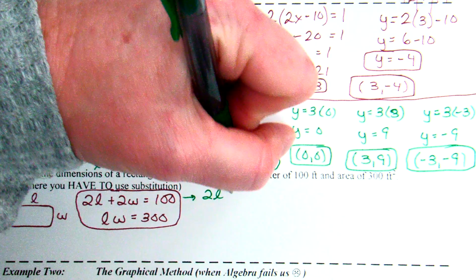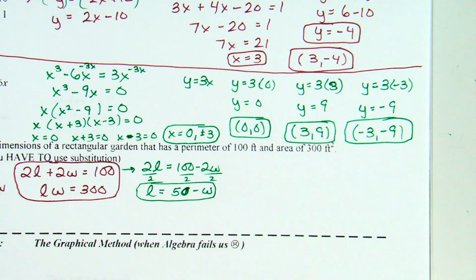What do I do with this? L equals 50 minus W? Yeah, we're going to plug it into the other equation. So if I'm using equation L times W equals 300. So L is now 50 minus W times W, which is still there, equals 300.